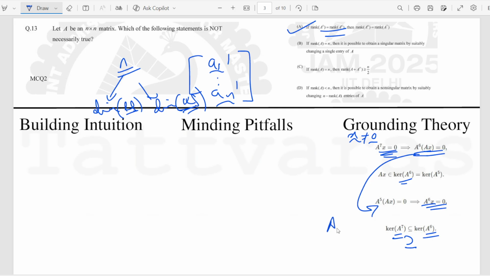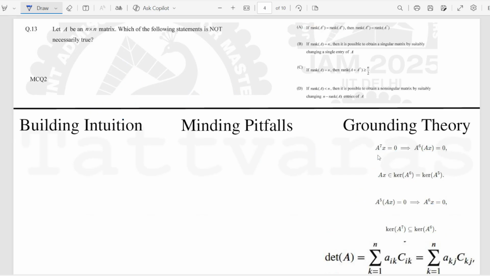As we keep on increasing the matrix powers, whatever is the kernel space of A to the power k plus 1, that will be a supersetish structure of the kernel space of A to the power k. So both these make the kernel space the same, which means the row space is also the same. And that's how we know that this is true.